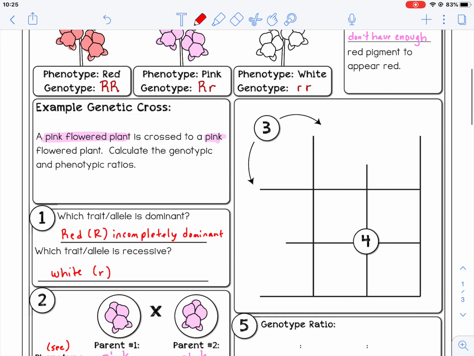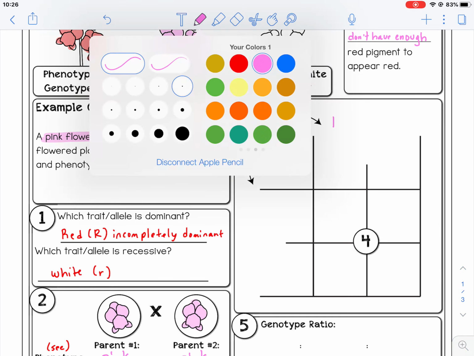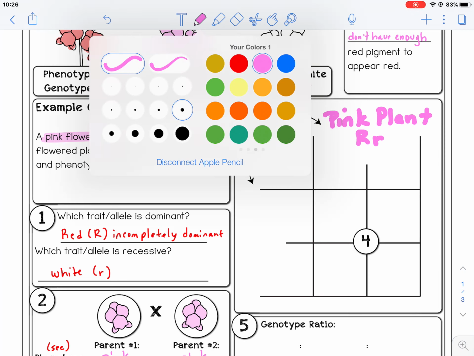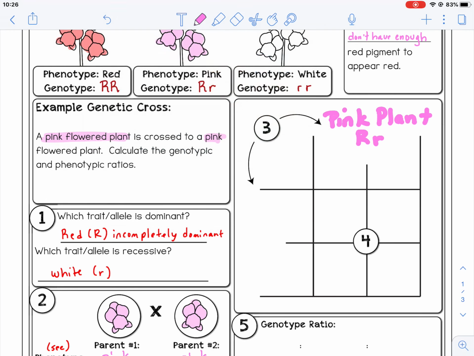Now let's go up to step 3. We want to do these crosses. So we've got a pink plant with another pink plant.